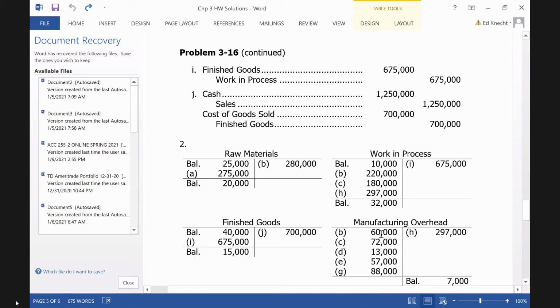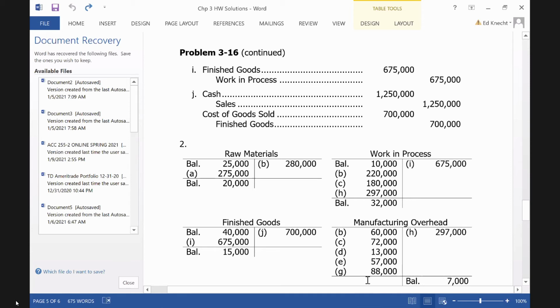So the actual, if we add this up, comes to $290,000. Well, the actual of $290,000 is less than $297,000, so we over-applied it by $7,000. The simplest way is to close this out.